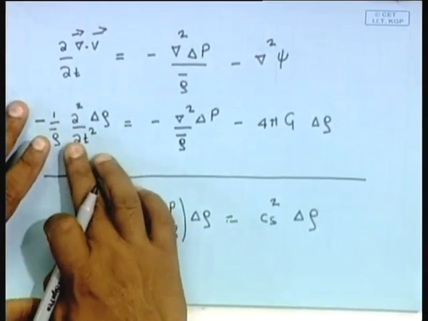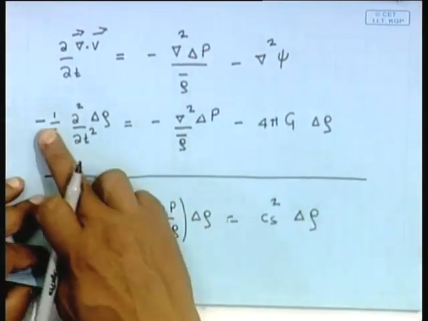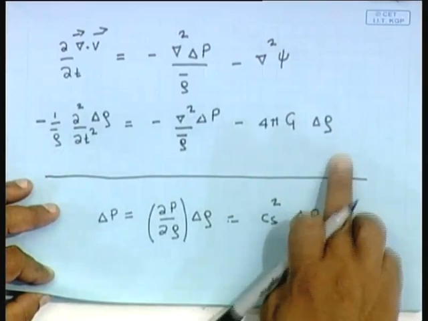So, with this we can write this equation as, we can drop the minus sign, take the rho bar and multiply it throughout.